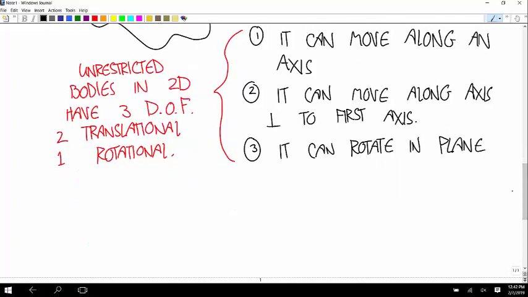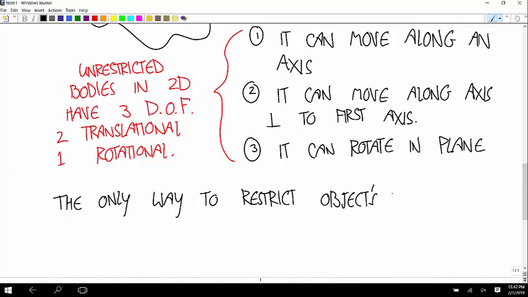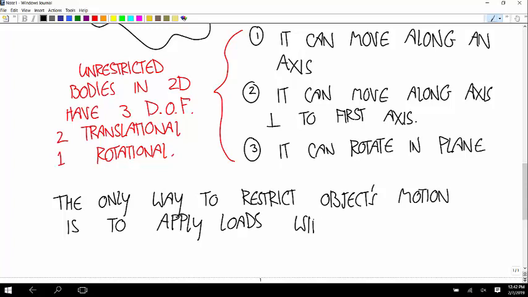The only way to take away a body's ability to move in all these 3 ways, let's say the only way to restrict this object's motion is to apply loads when it tries to move.